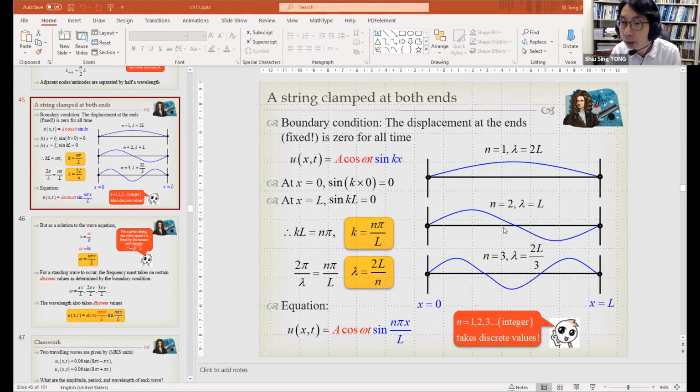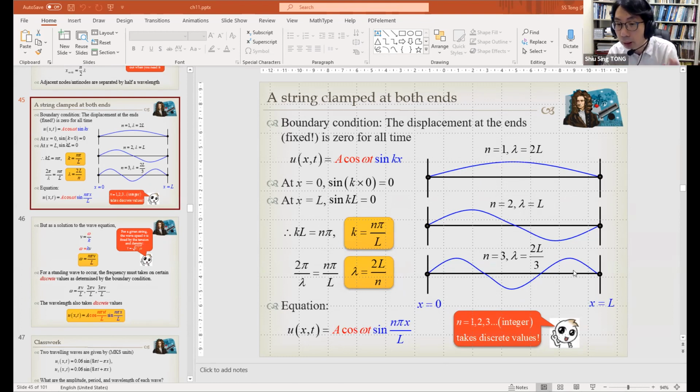This is n equal to 1, n equal to 2, and n equal to 3. So this gives you the relationship between the wavelength and the length of the string. This is very intuitive when you look at the figure. In the first figure, you have the length of the string equal to half the wavelength. When n equal to 2, you have the wavelength equal to the length of the string.